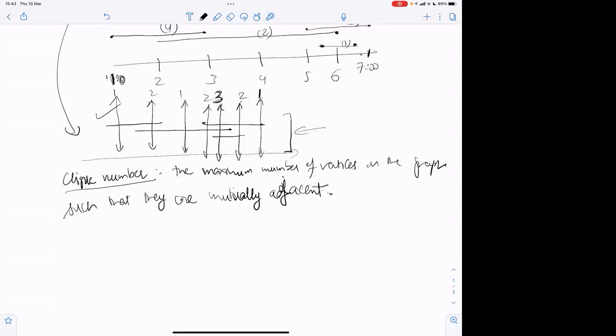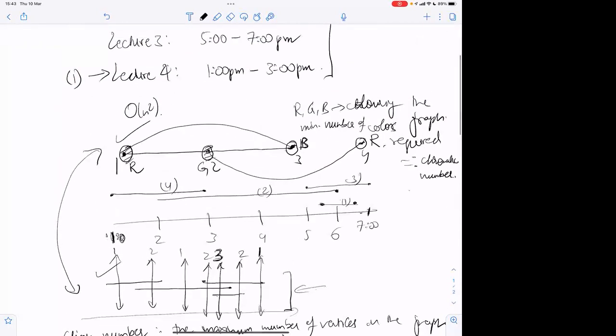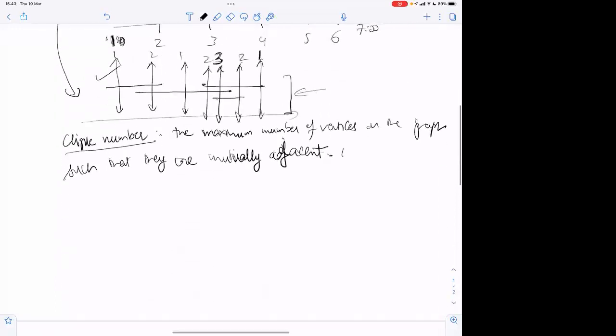Correct? So usually chromatic number is represented by chi of G. The clique number is represented by omega of G. And now it's easy to see that omega of G is at most chi of G. Why is that?